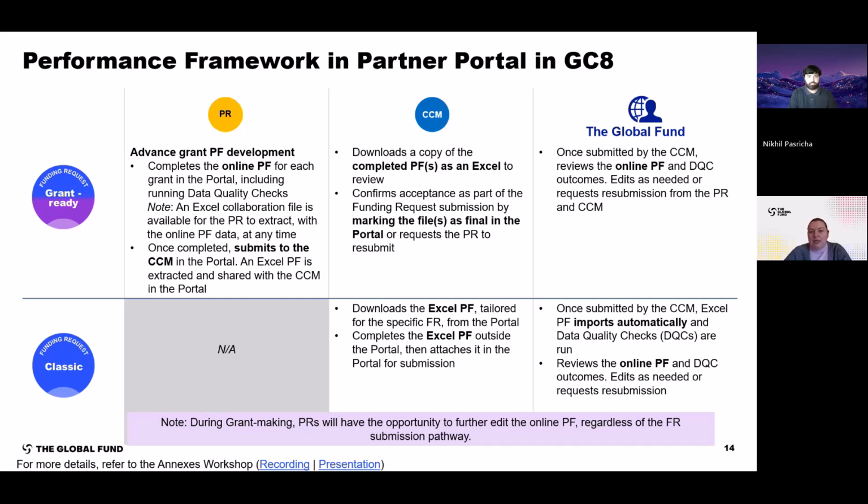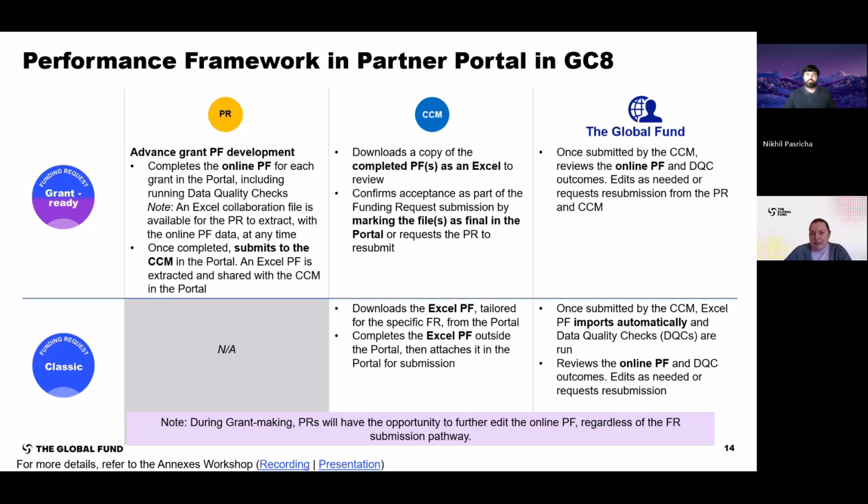CCM. When it comes to the CCM review of the performance framework that has been submitted, they will download a copy of the completed performance framework from the principal recipient that was submitted, and they will do so in the form of Excel, and they will complete their review.